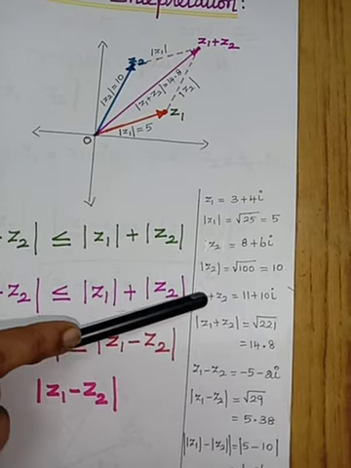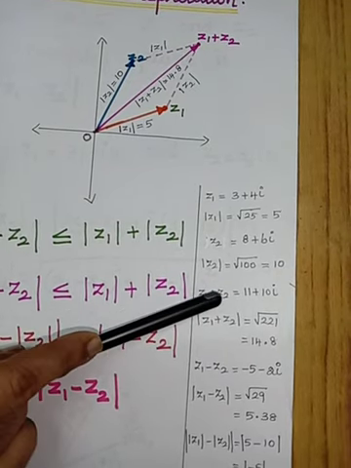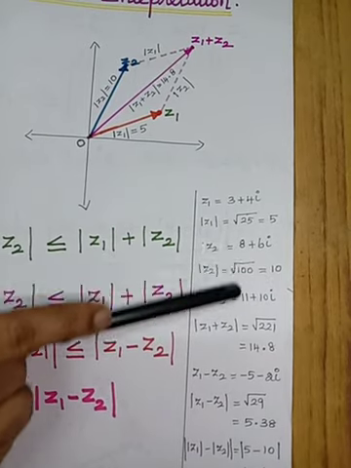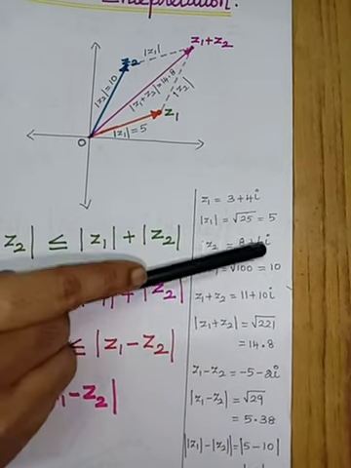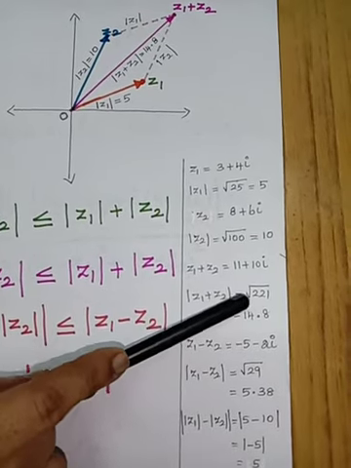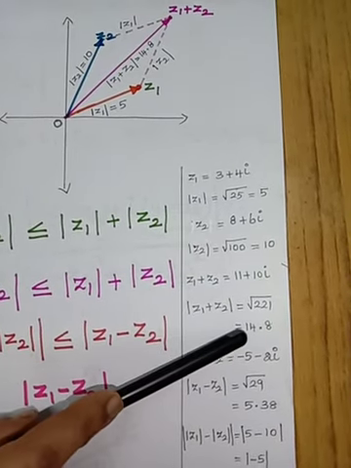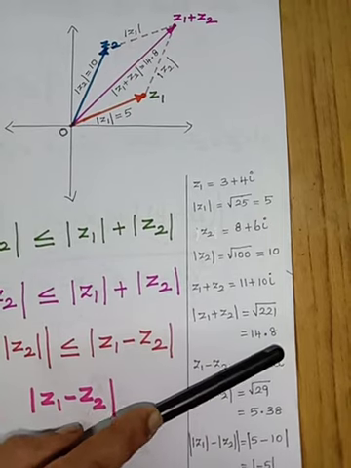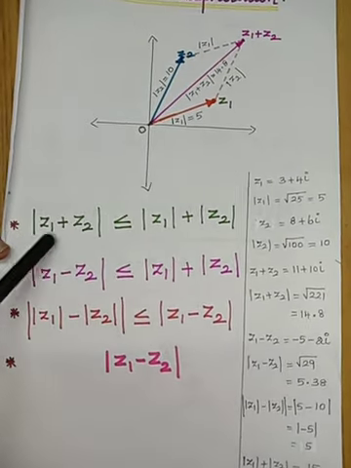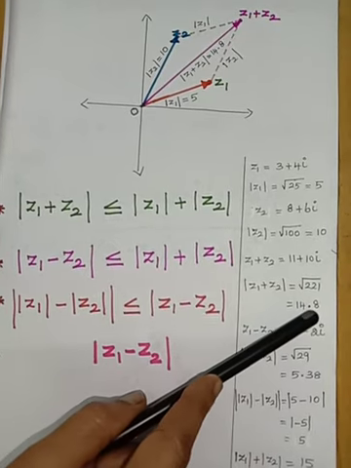Next, I have added the complex numbers z1 plus z2. So it is 11 plus 10i. How? 3 plus 8 is 11, and 4i plus 6i is 10i. What is the modulus of this? It is square root of 221, which is approximately 14.8. So look at this: modulus of z1 plus z2 is 14.8.